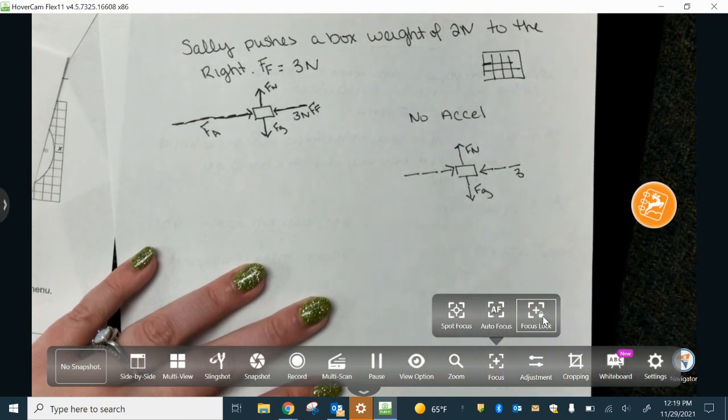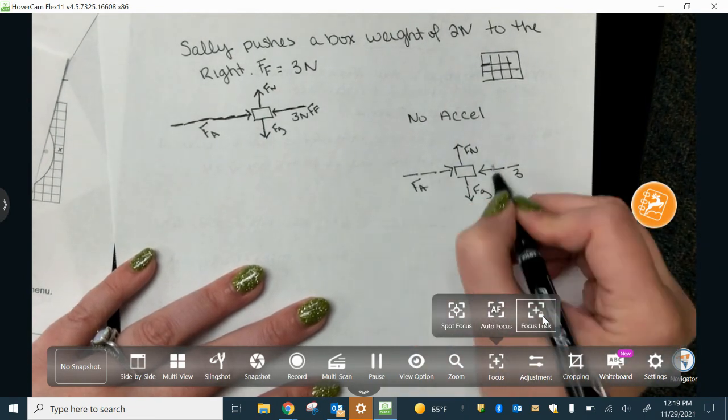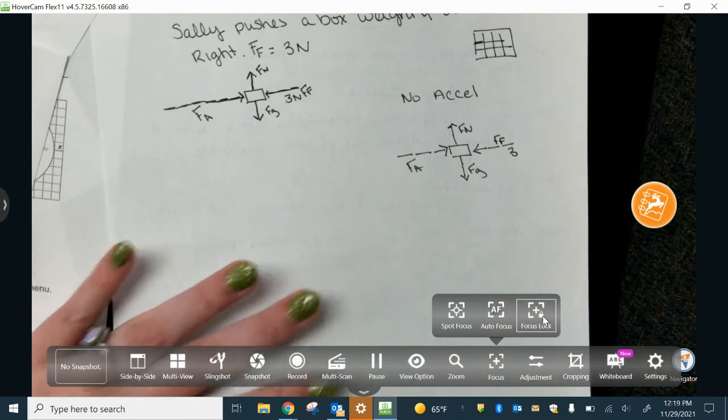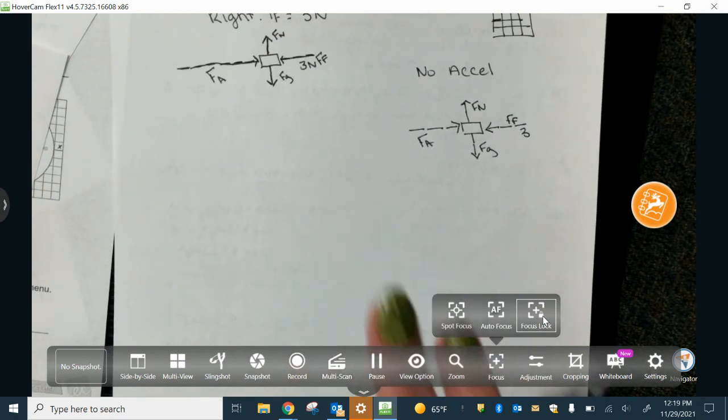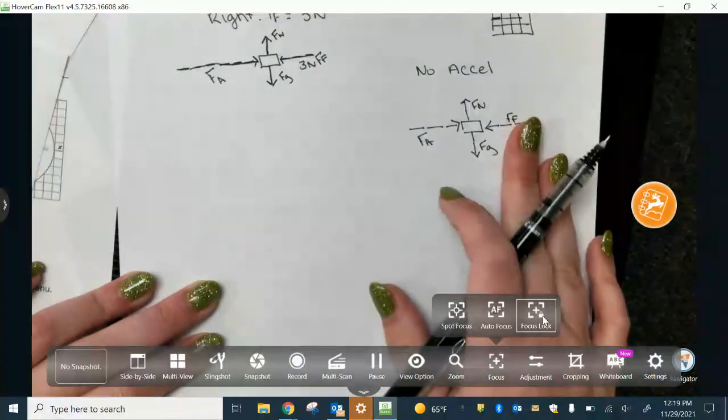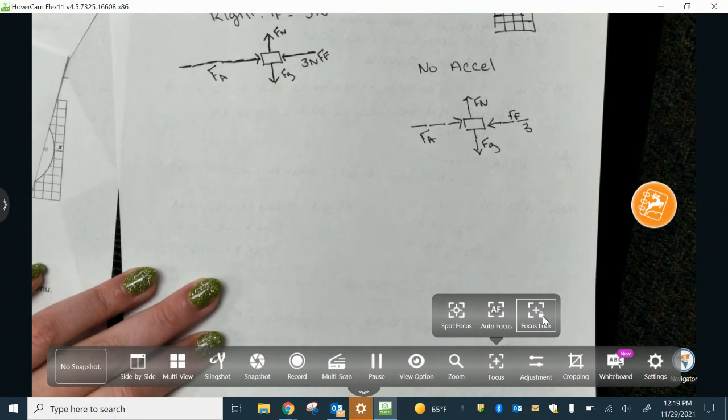This would be equal. My force applied would be equal to my frictional force. That's how it'd be balanced. It would have no acceleration. Remember, an object at equilibrium can still be moving. It's just not going to be accelerating.